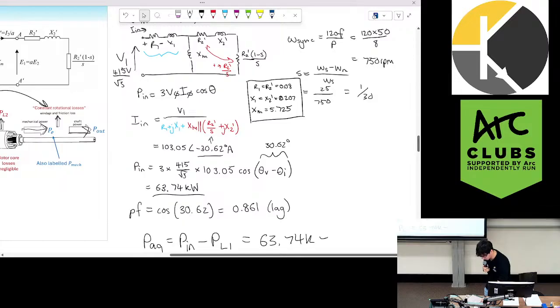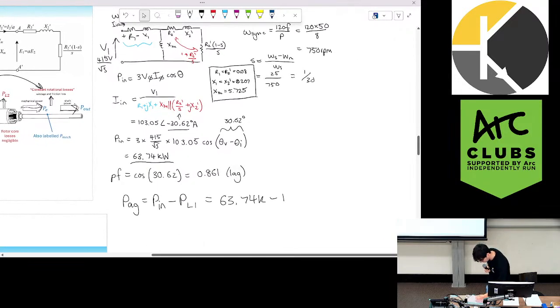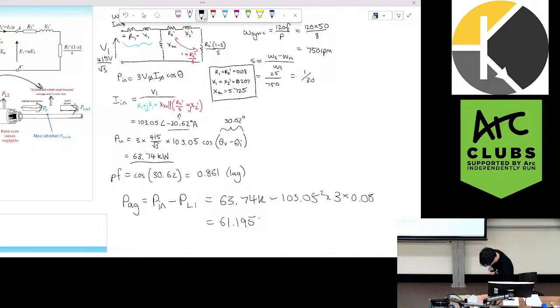So this will just be I in squared times R1. So we have 103.05 squared times 3 because we're in 3 phase, and we're timesing that by R1, which was 0.08. So our air gap power in total will be 61.195 kilowatt.